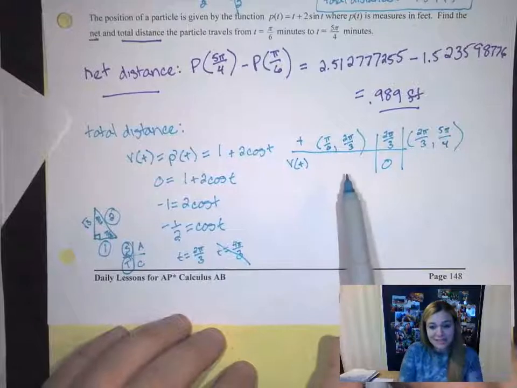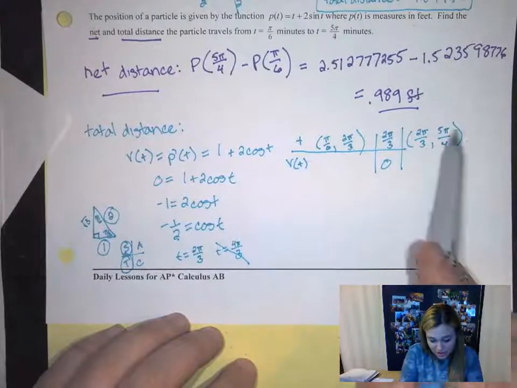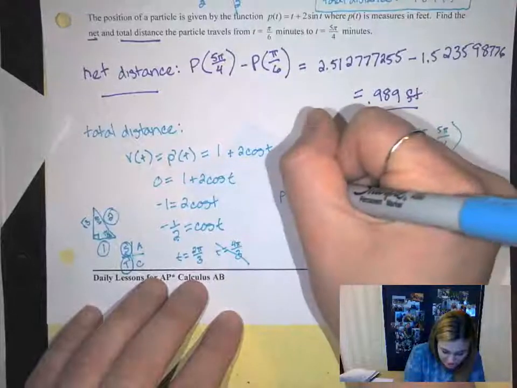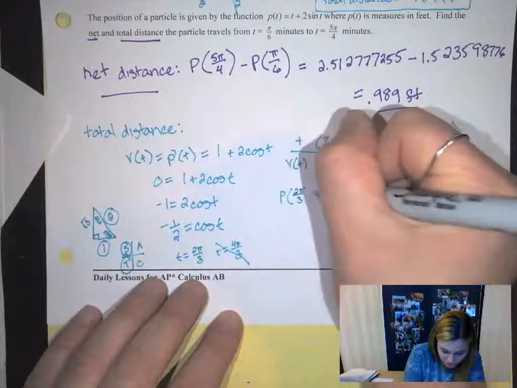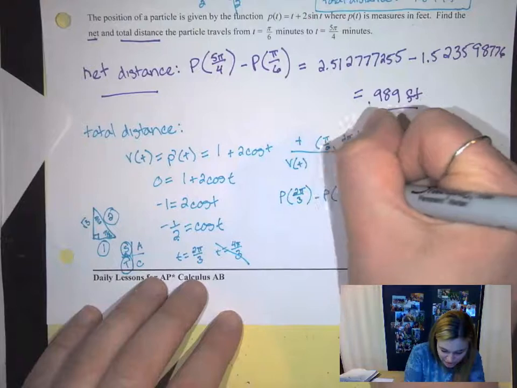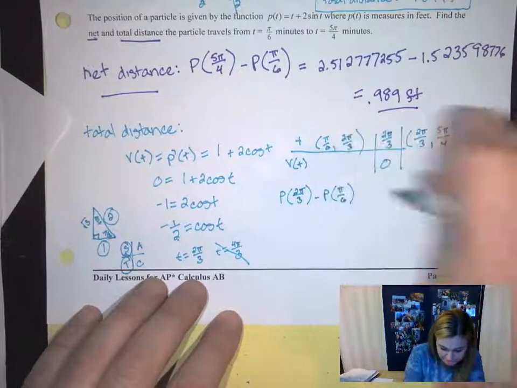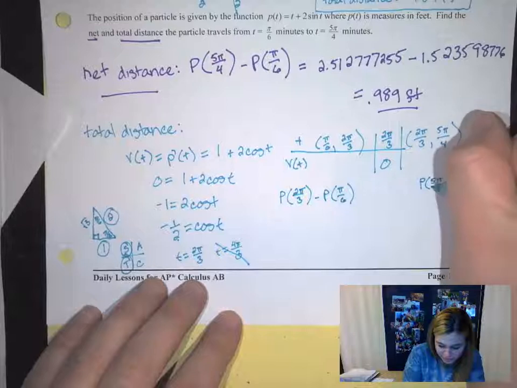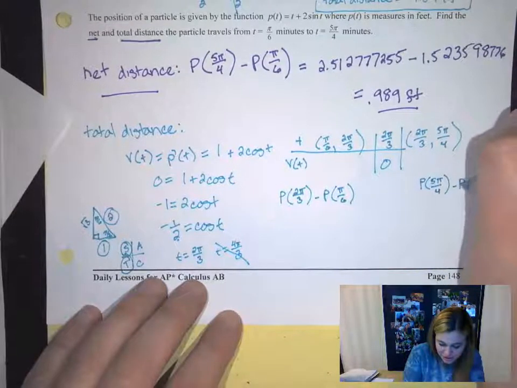I need to find the change in position here and here. So I'm going to say position at 2 pi over 3 minus position at pi over 6. I do the same thing over here: position at 5 pi over 4 minus position at 2 pi over 3.